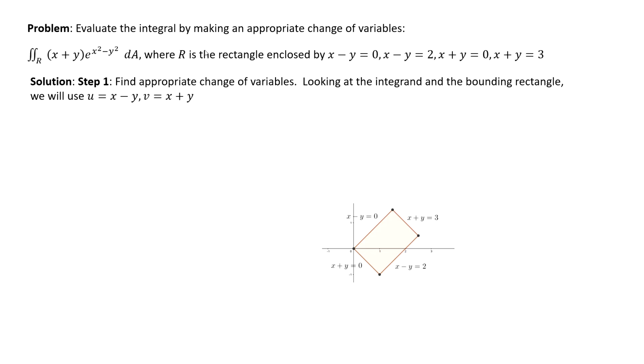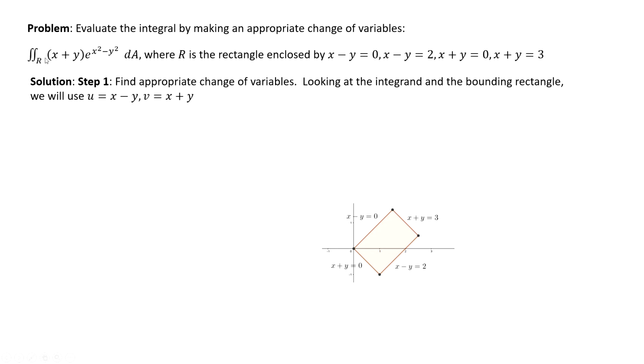And also x minus y equals 0, x minus y equals 2, x plus y equals 0, x plus y equals 3. There are a whole bunch of what seems to happen is there are only x minus y's and x plus y's so far as the region is concerned.